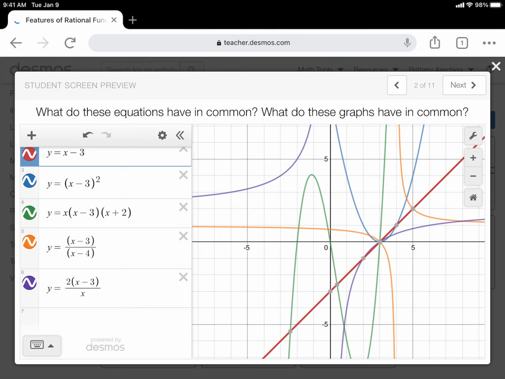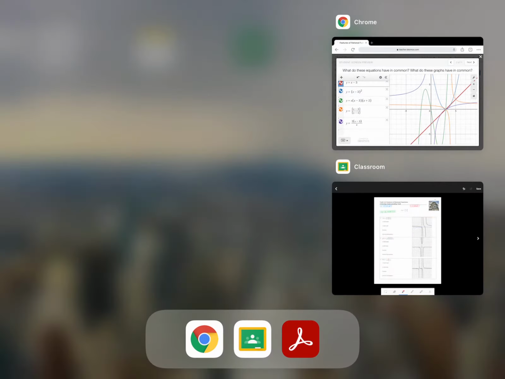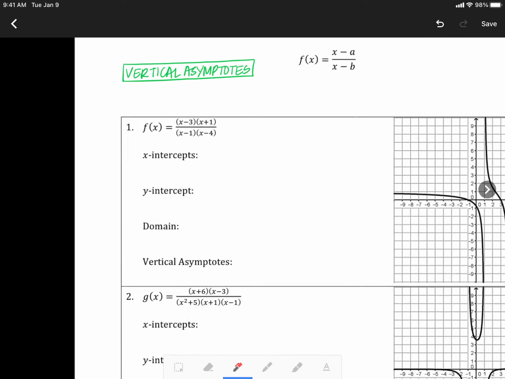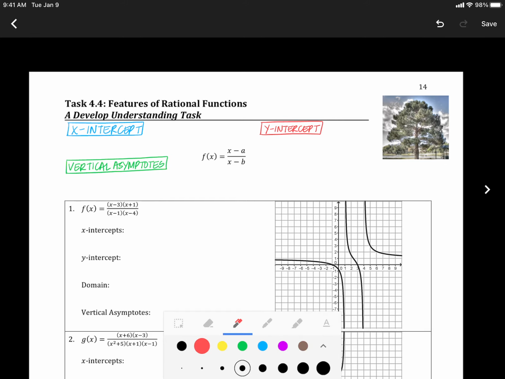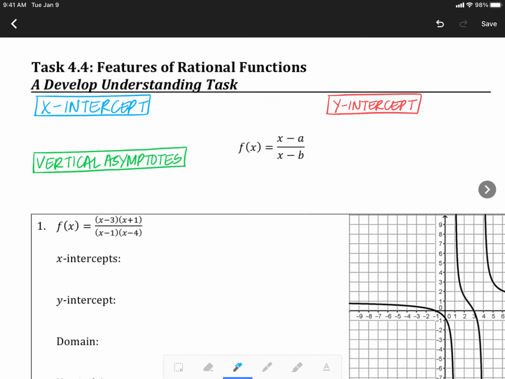How do we find the x-intercepts of a rational function? We find them by looking at the factors. But you'll notice that a lot of these functions have factors in both the numerator and the denominator. Our x-intercepts are going to come specifically from the numerator. So we're going to look at the numerator only for our x-intercepts, and we're going to set it equal to 0.